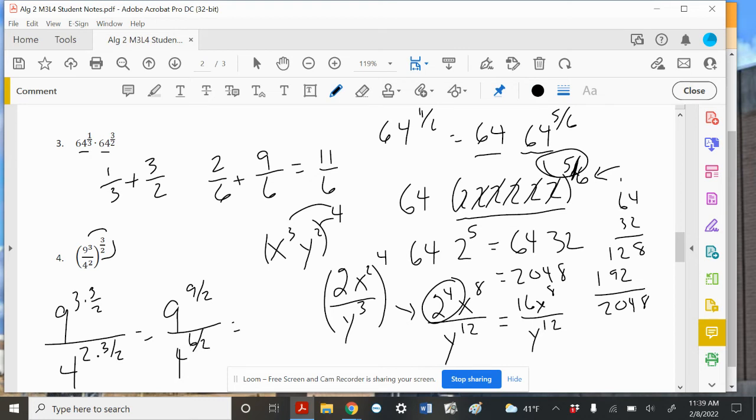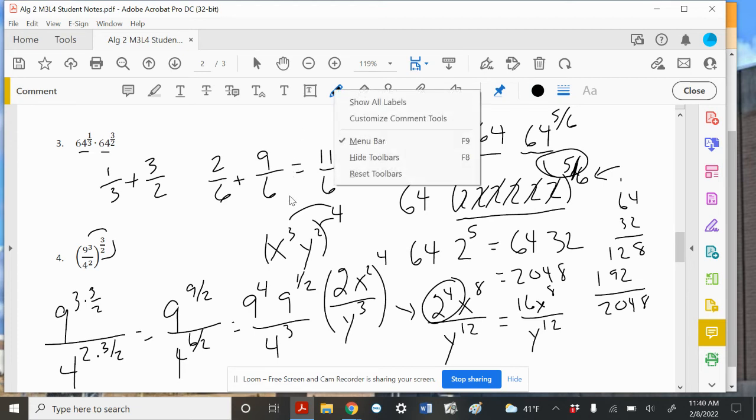So notice 2 goes into 9 4 times, so I can take out 4 9s. I have 1/2 left over. On the denominator, I have 4 to the 3rd, and I have nothing left in there because 2 went into 6 evenly.